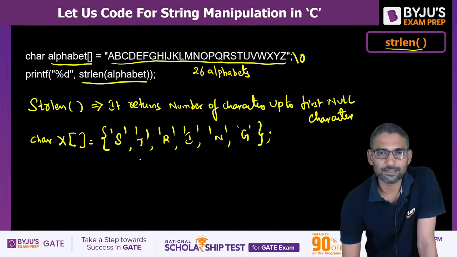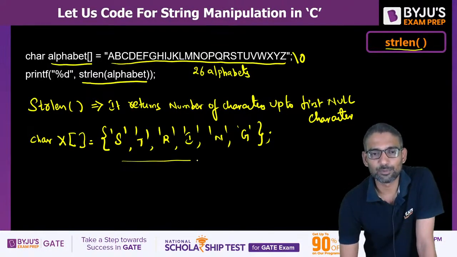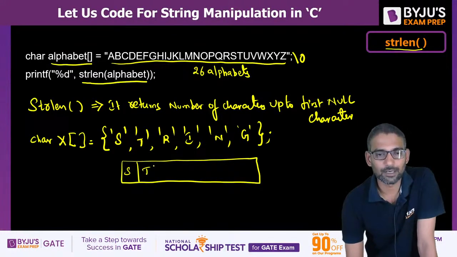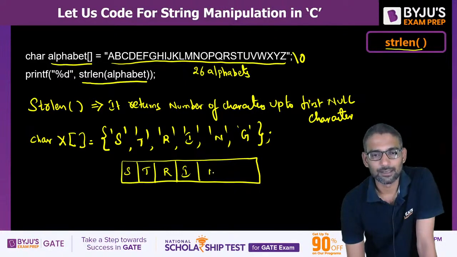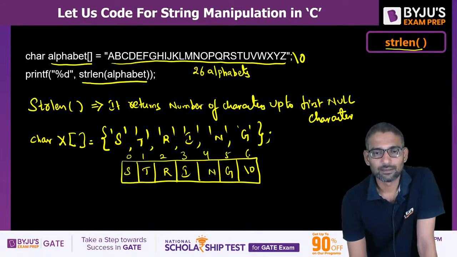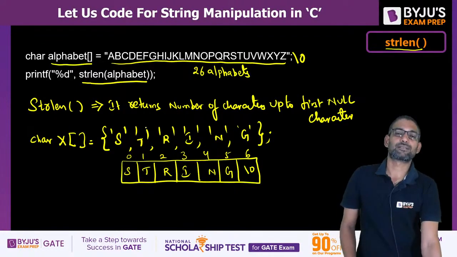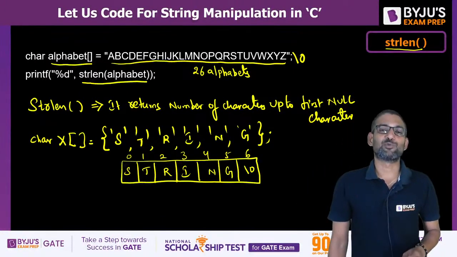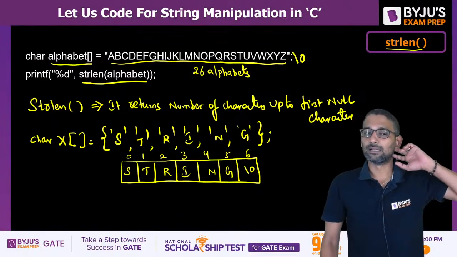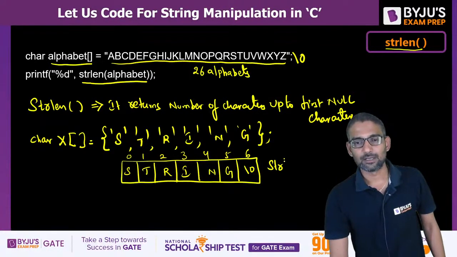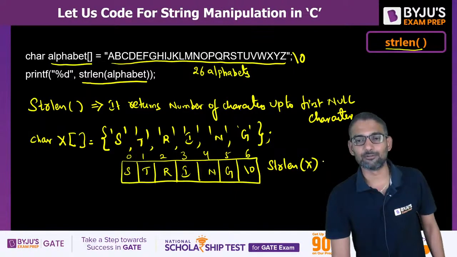Whenever you give like this, we know that this would be stored in this way: S, T, R, I, N, G, and by default a null character is appended at the end. So actually we see like there are 7 characters here, but strlen function will count up to first null. So up to first null, total how many characters? Only 6 characters. So strlen of x will give 6.